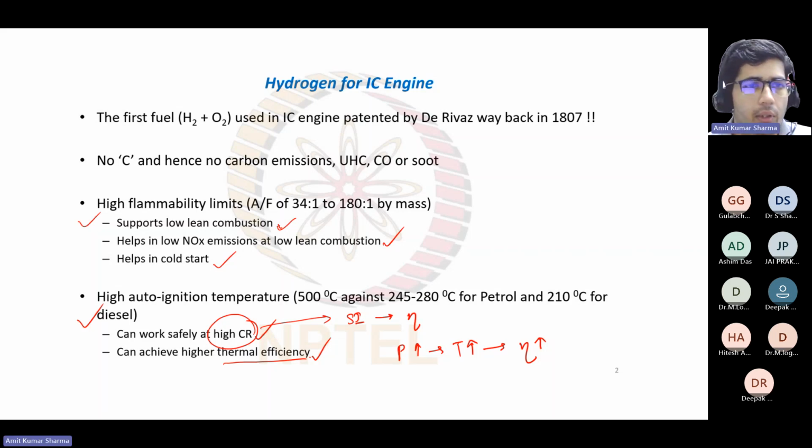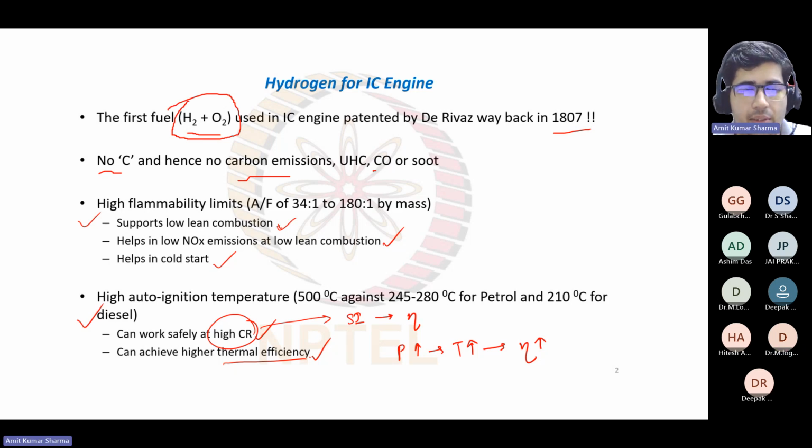The first fuel used in an IC engine was hydrogen plus oxygen. It was patented way back in 1907. There is no carbon and hence no carbon emission, CO or soot. So you can say it's only hydrogen and oxygen.